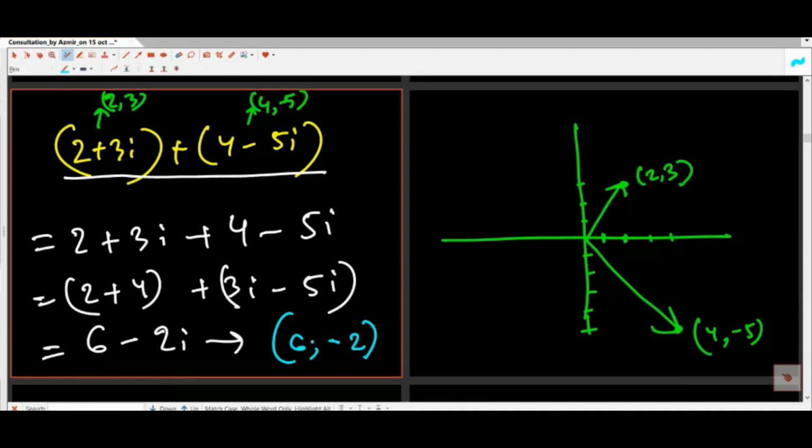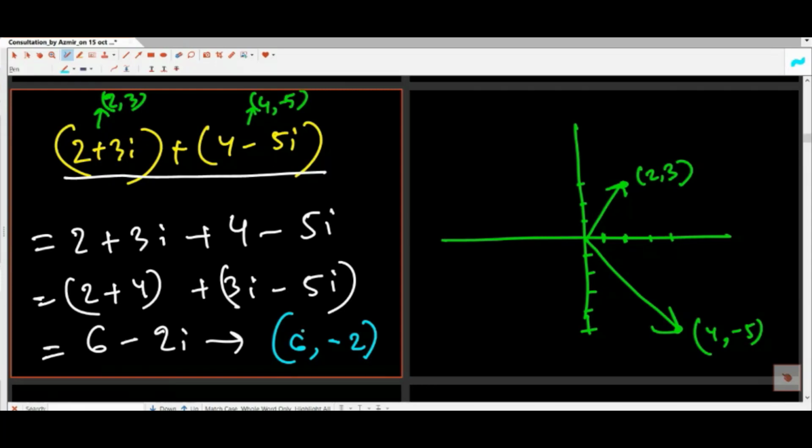Geometrically, addition of two complex numbers follows the parallelogram theorem. That is, the diagonal of a parallelogram will be the summation of the two vectors.